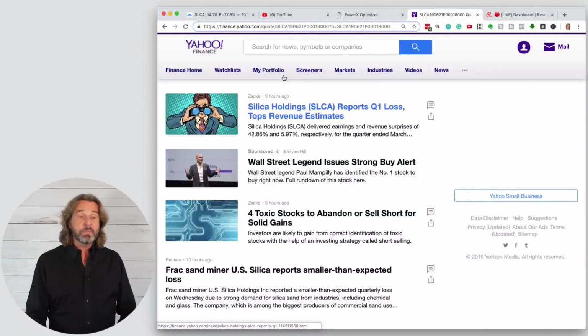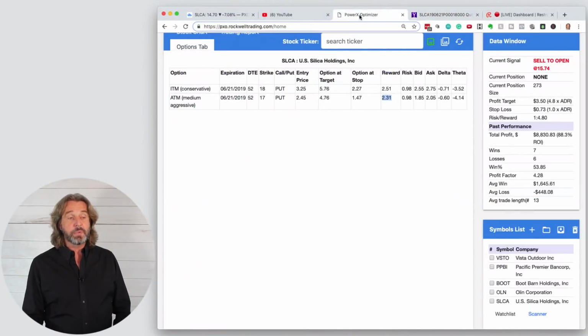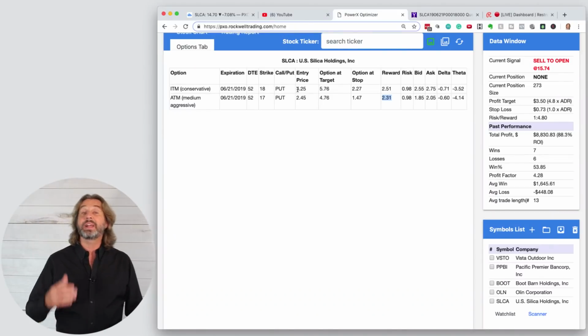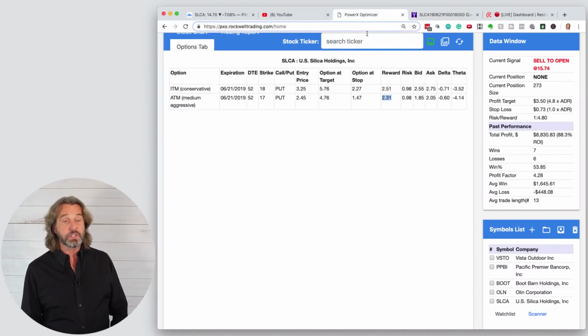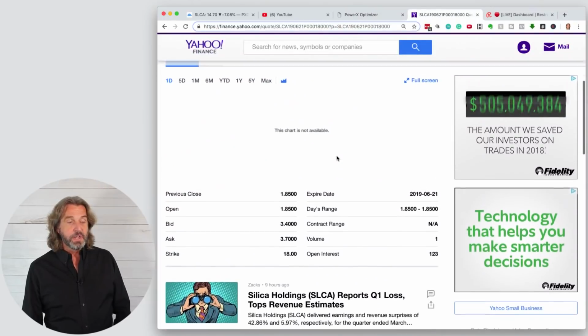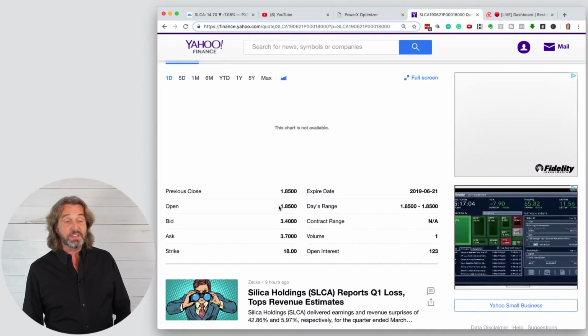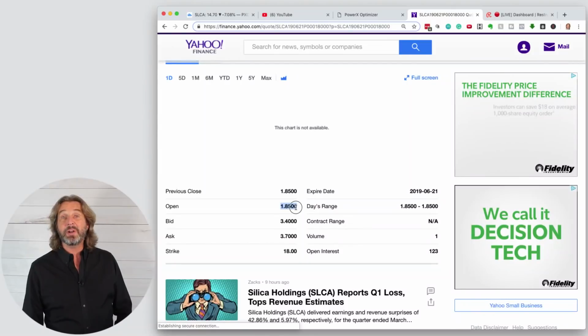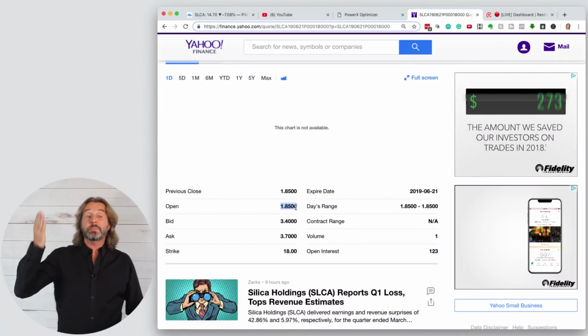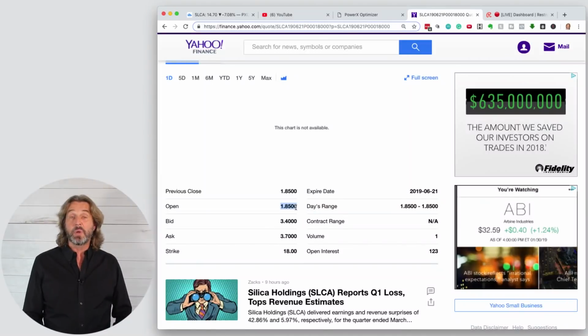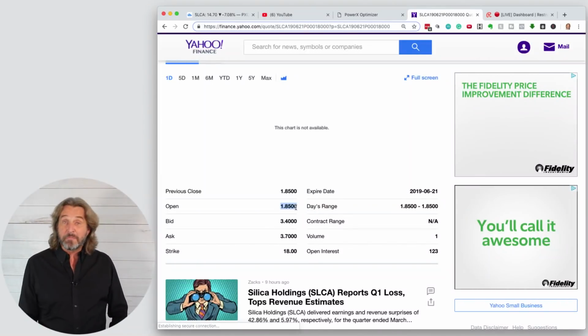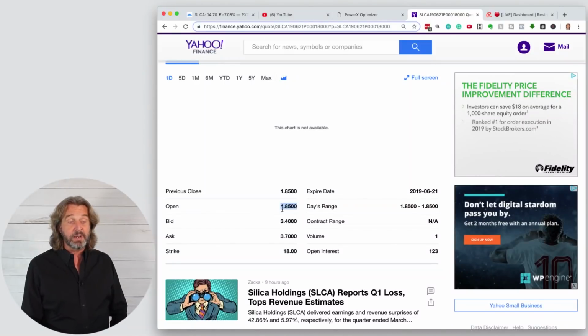Here we go. Here's the maximum price that we are willing to pay for it. For the 18 put, we want to pay a maximum price of $3.25. So let's see. This morning, as you can see in the open, it was trading at $1.85. Great! It is below the maximum price that we are willing to pay. So you could have bought this option for $1.85.